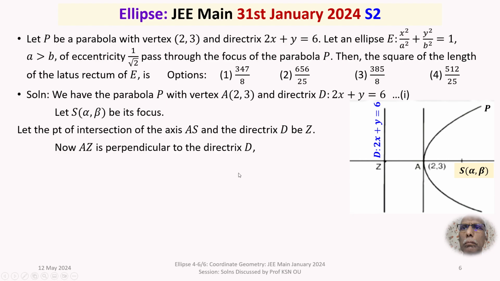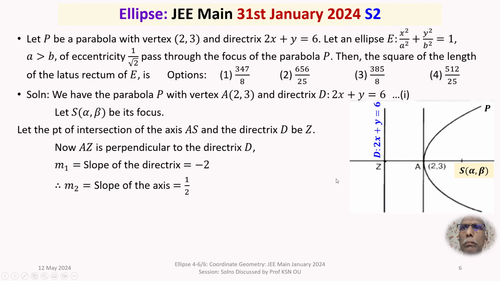For that, AZ is perpendicular to D. Therefore, the slope of the directrix is m1 = -2, and because it is perpendicular, the slope of AS, that is the slope of the axis, will be 1/2, because m1 m2 = -1.